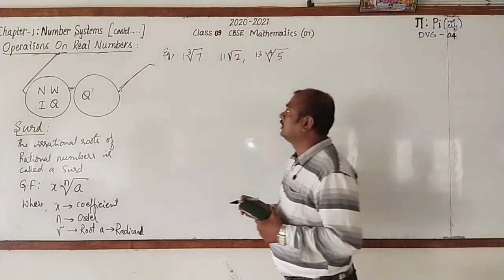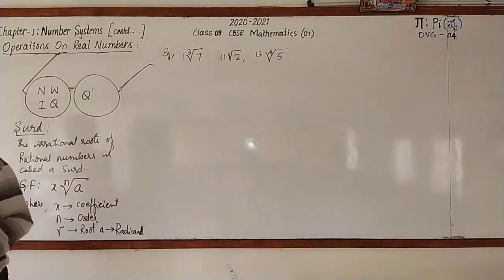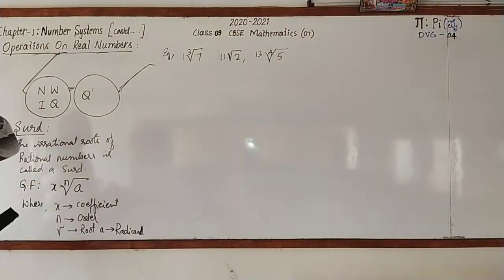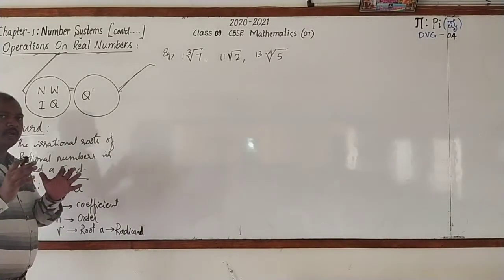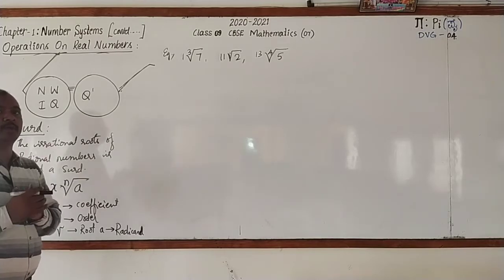Got it? Now let us discuss operations on these irrational numbers. Let me write that. Dear students, now I am going to write two groups of surds.